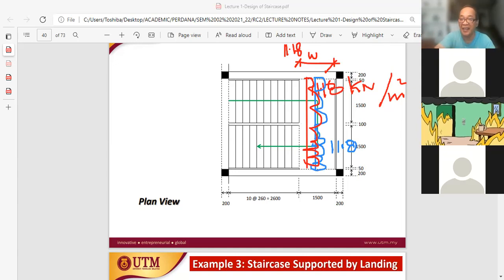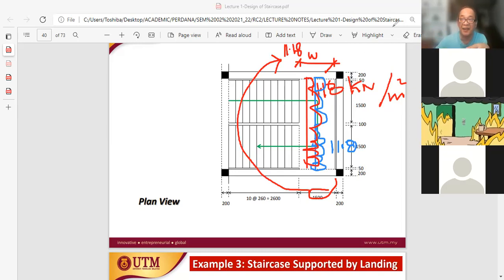The original load on the landing is in kilonewton per square meter, but we want the loading to be along the length of the landing. That is why we multiply by the width of the landing, which is about 1.5. So now we have load on the landing in this direction, kilonewton per meter width along the landing. The blue and red directions are in the same direction, so we can add them together.